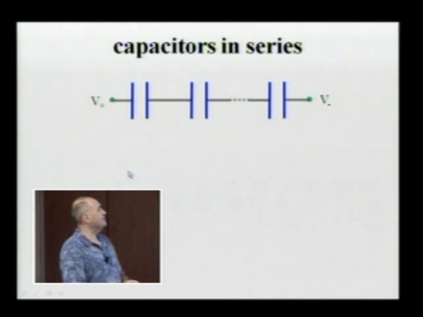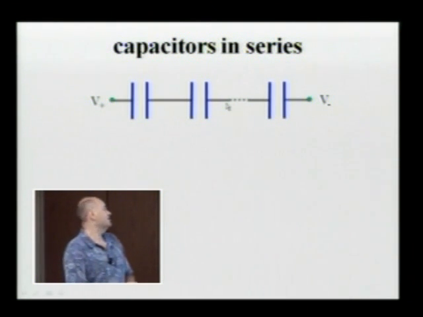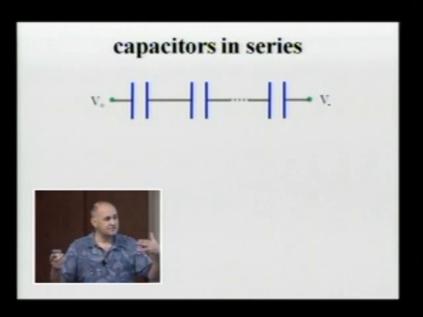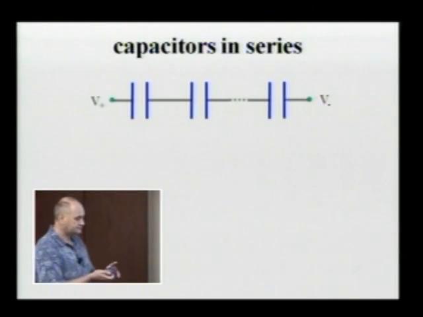Because we do not have a guarantee that the potential on the left-hand side of the first capacitor is equal to the potential on the right-hand side of the second capacitor. If this was always the case, then the capacitors would be connected in parallel.